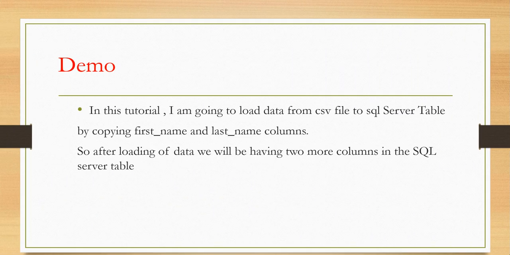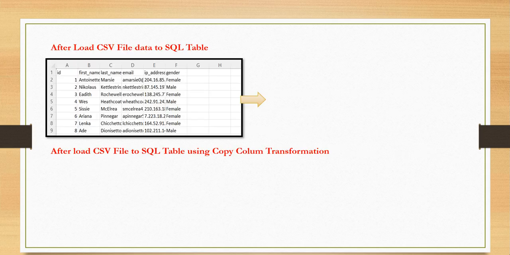Let's see. In this tutorial, I'm going to load data from a CSV file to a SQL Server table by copying the first name and last name columns. After loading our data, we will have two more columns in the SQL Server table. For understanding purposes, I have this Excel file saved in my local drive.